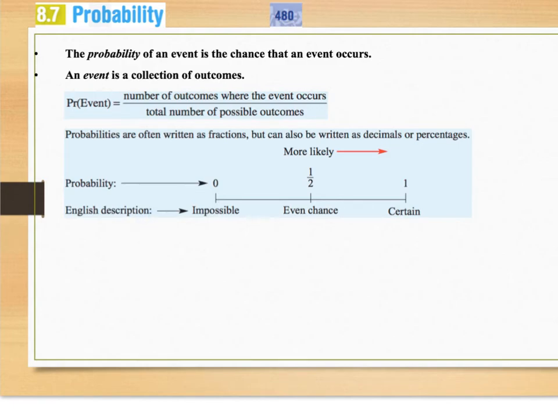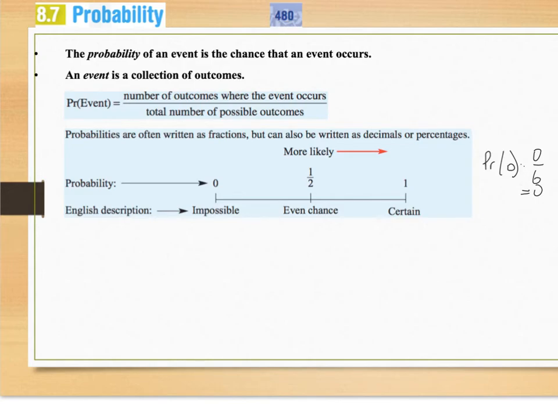If we go back to throwing a dice, and we say the probability of getting a 0 when I throw a dice, how many possible ways is there to get a 0? That is 0. There's no way that I can get a 0. So this will be 0 out of 6. And you can't get anything less than that. That is why we have a minimum value of 0.